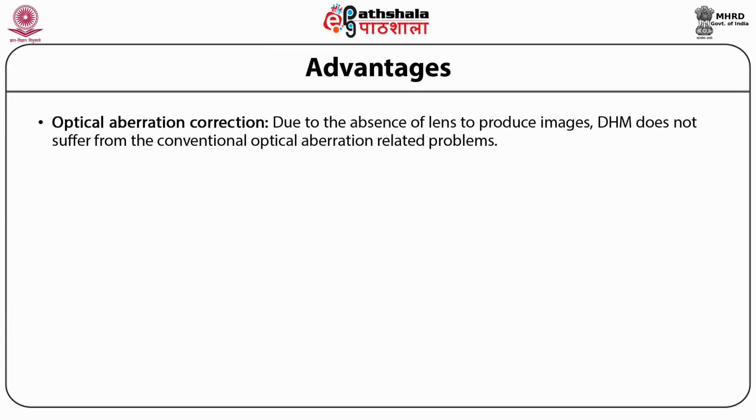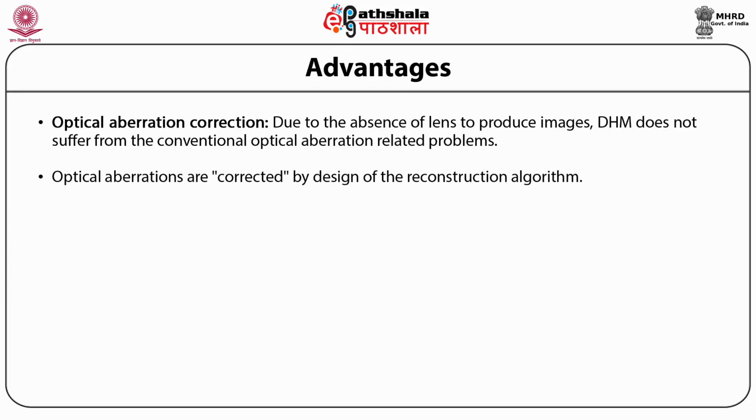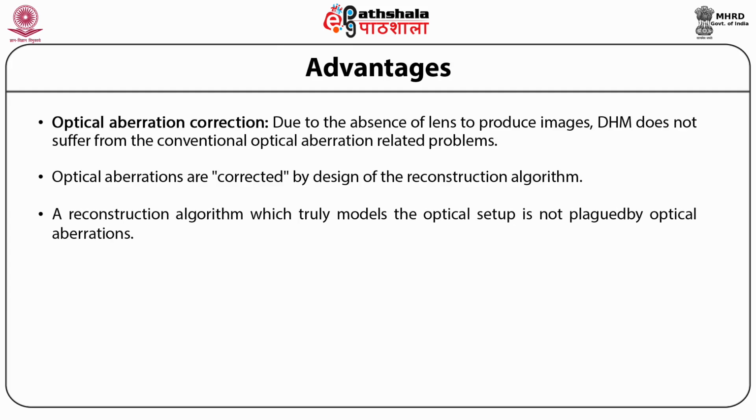Due to the absence of a lens to produce images, DHM does not suffer from the conventional optical aberration related problems. Optical aberrations are corrected by design of the reconstruction algorithm. A reconstruction algorithm which truly models the optical setup is not plagued by optical aberrations.